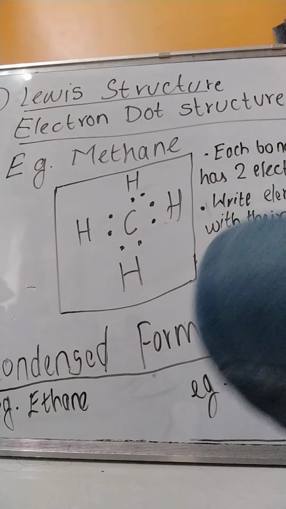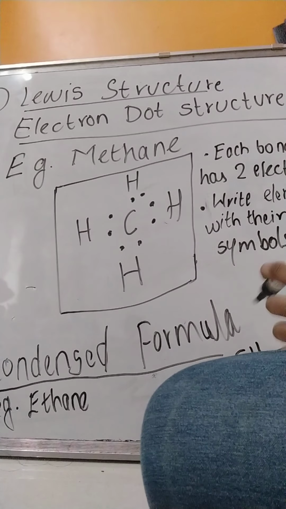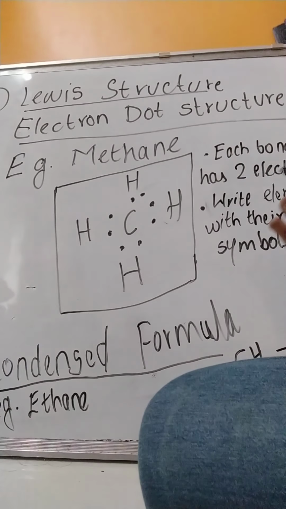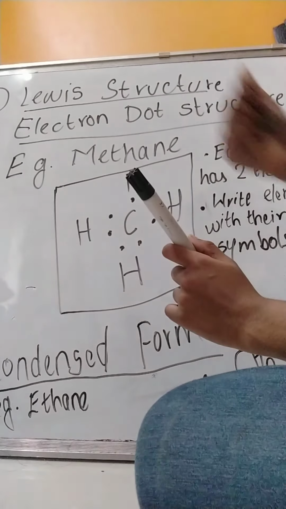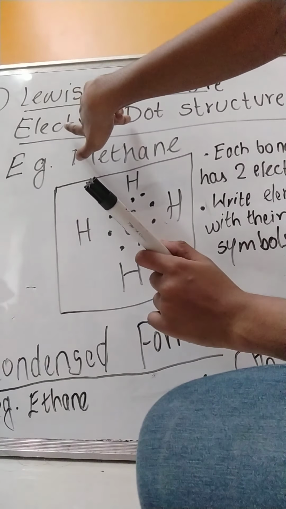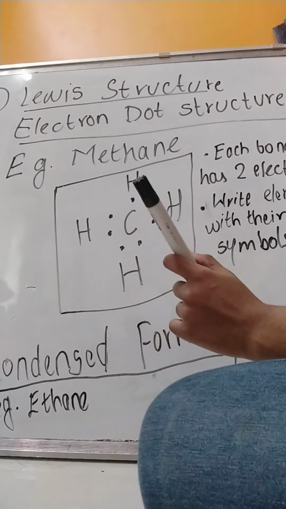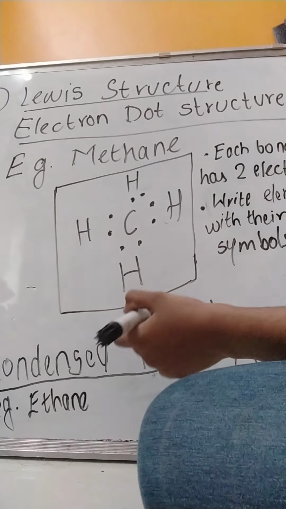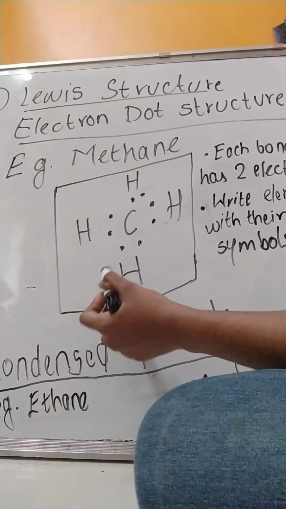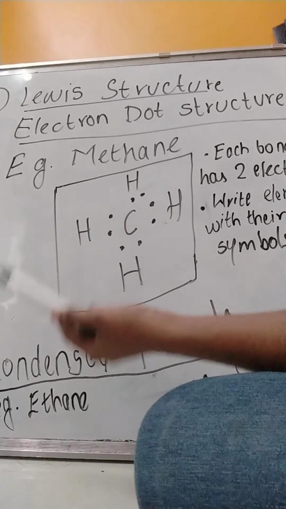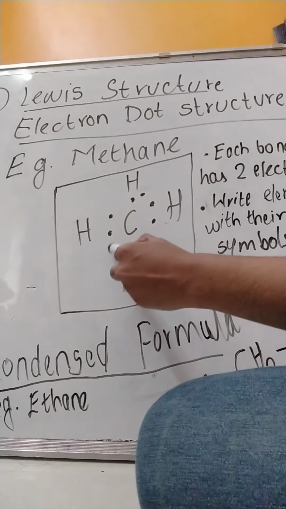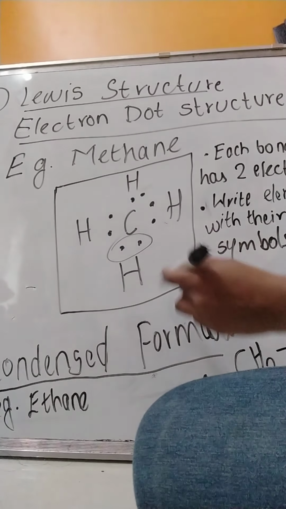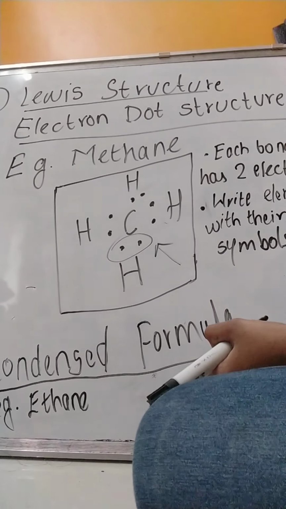So here comes the second representation, which is called the Lewis structure, or the electron dot structure. As the name suggests, the bonds are represented by electron dots. Here is the very famous example, methane, and we can clearly see that the only difference between the dash formula and the Lewis structure is that rather than the dash or the line, we are representing it by electron dots.